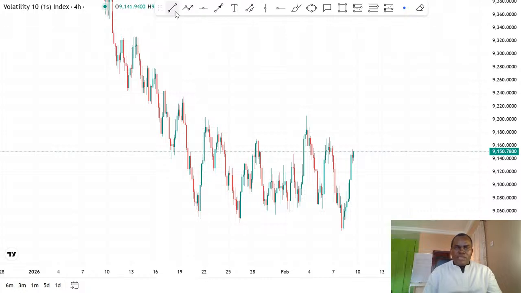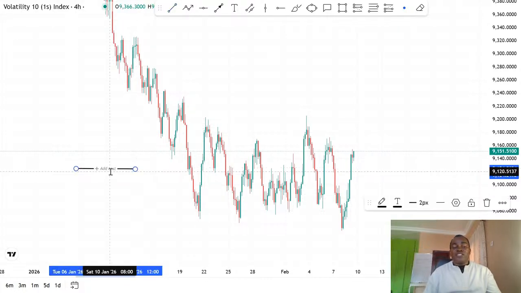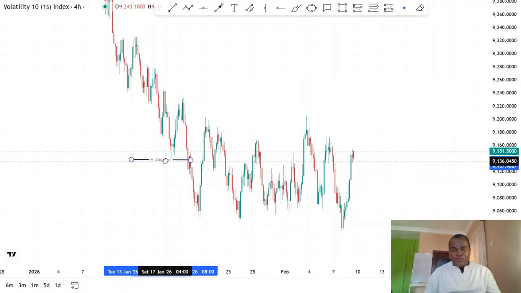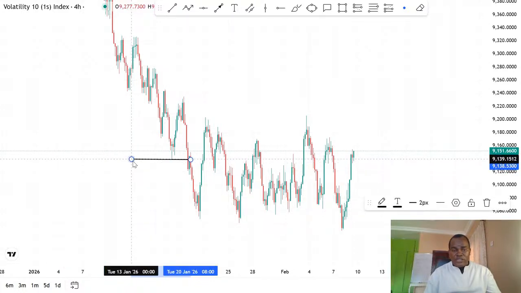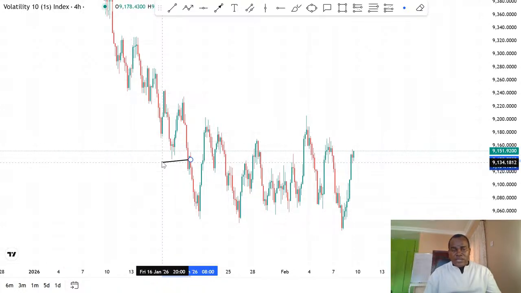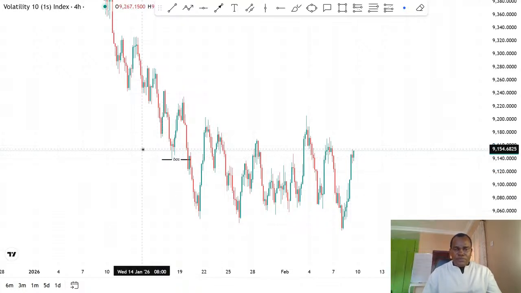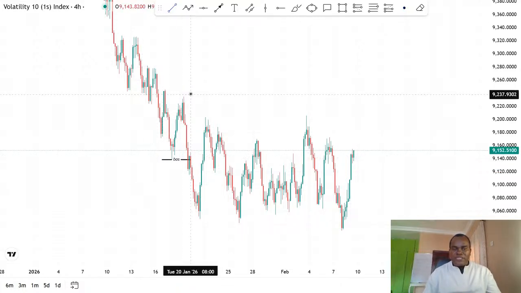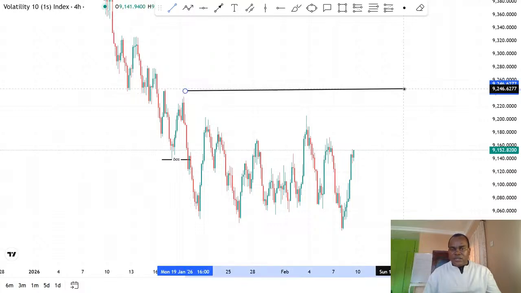Is that okay? Now, what I have here as a structure is a bearish formation. Price goes below this point. I have this break of structure here, then I have my resistance here around this point.